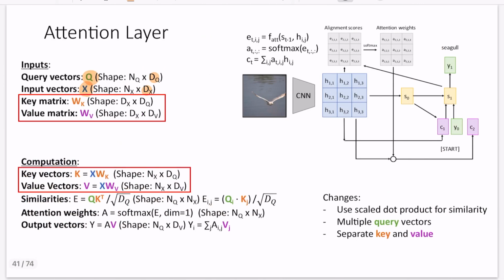So to compensate for this, from now on we will introduce the key matrix and value matrix, which project the original matrix X to the K and V, key vectors and value vectors.